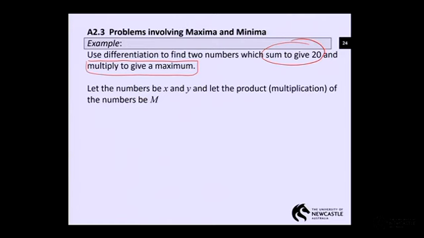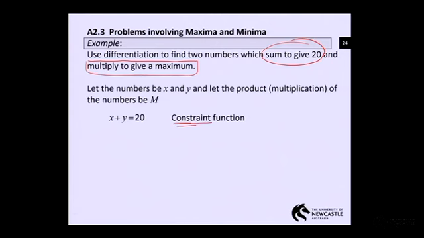It's about setting up 2 functions, which means 2 algebraic sentences for us to use. So the first thing it says is you've got to come up with 2 numbers. Let x and y be the 2 numbers. And it says that the sum is going to give 20. So x plus y must equal 20 is the constraint function.